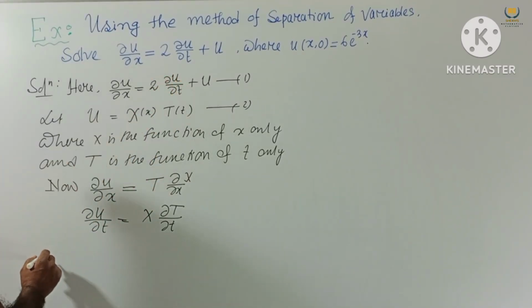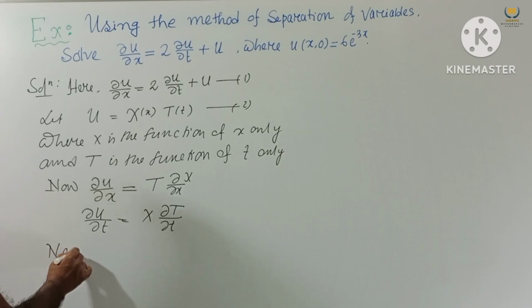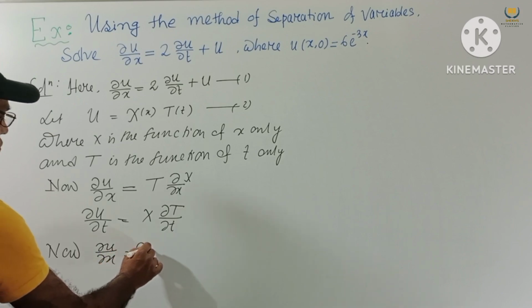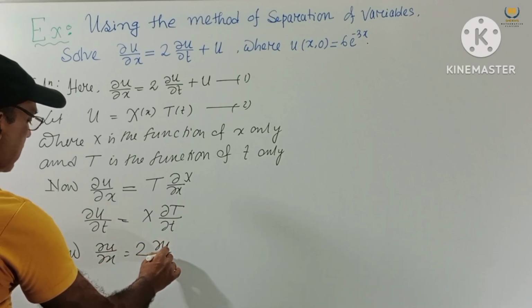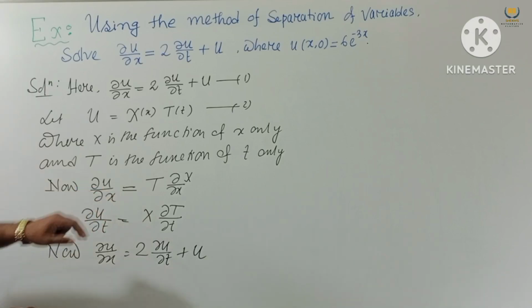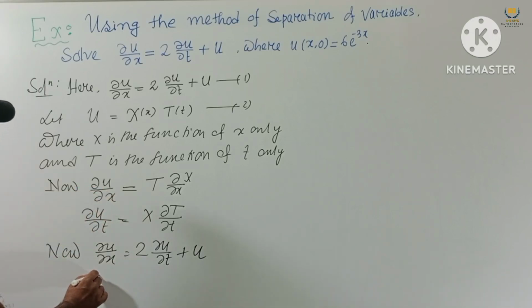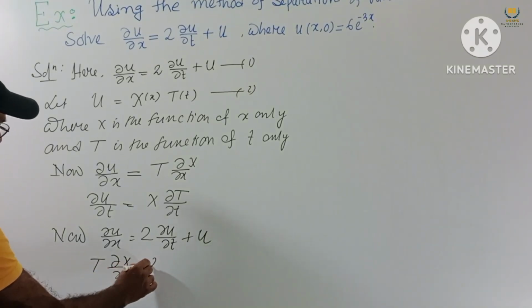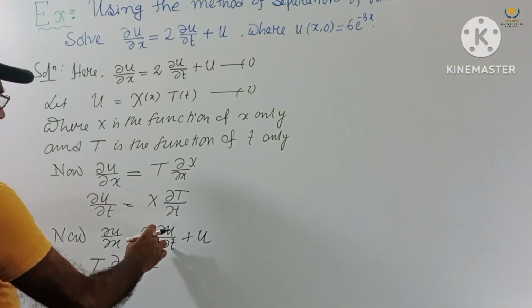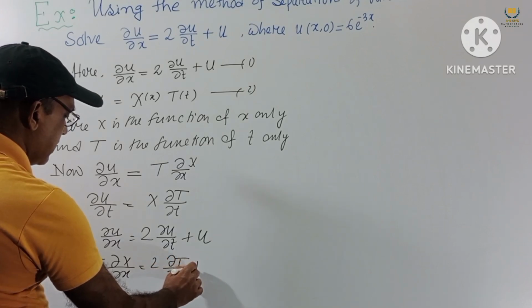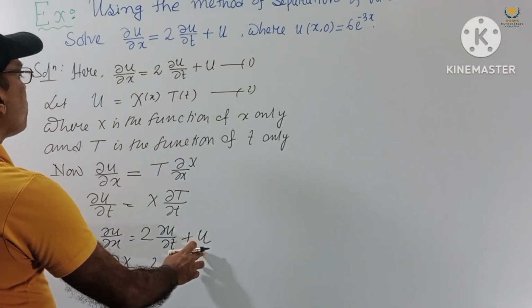Now 1 implies ∂u/∂x = 2 ∂u/∂t + u. ∂u/∂x we know this value, T ∂X/∂x, and ∂u/∂t, plus u. u means XT.